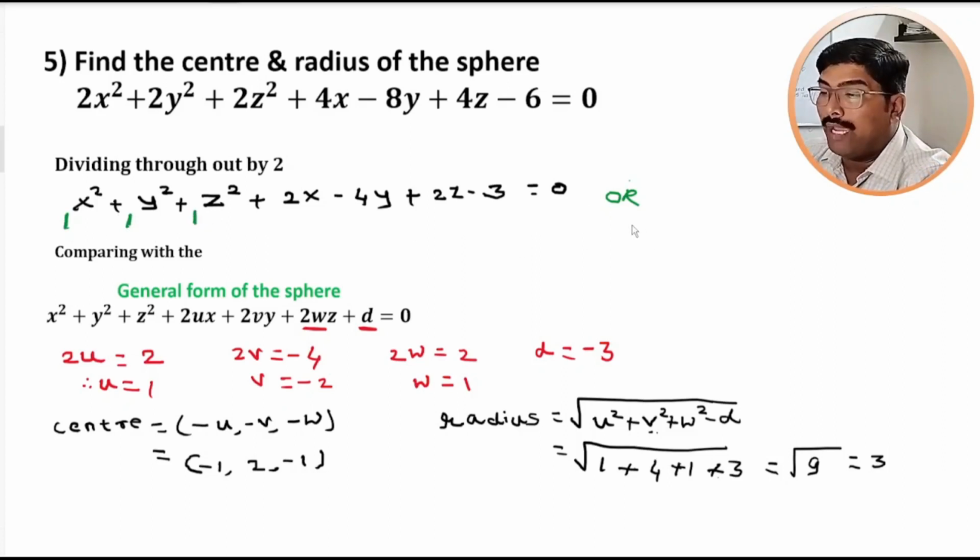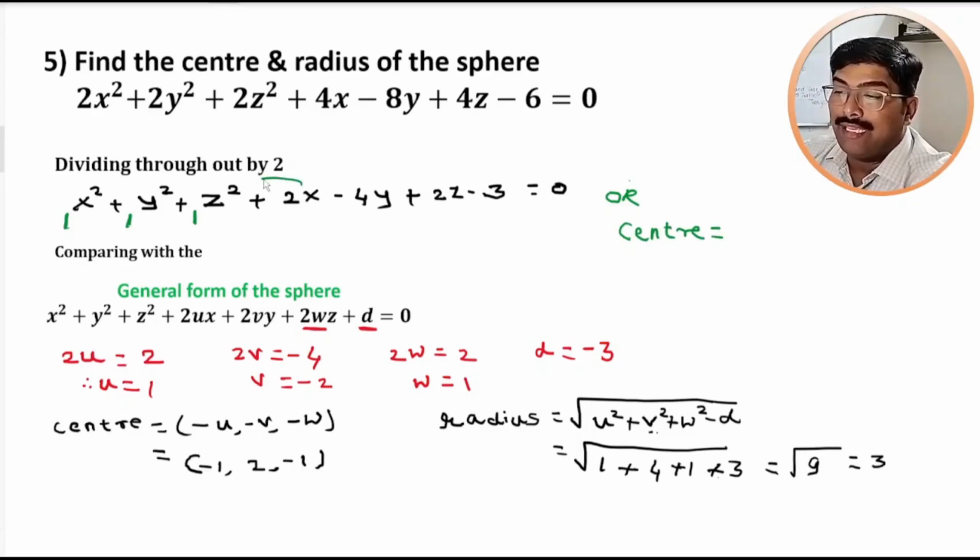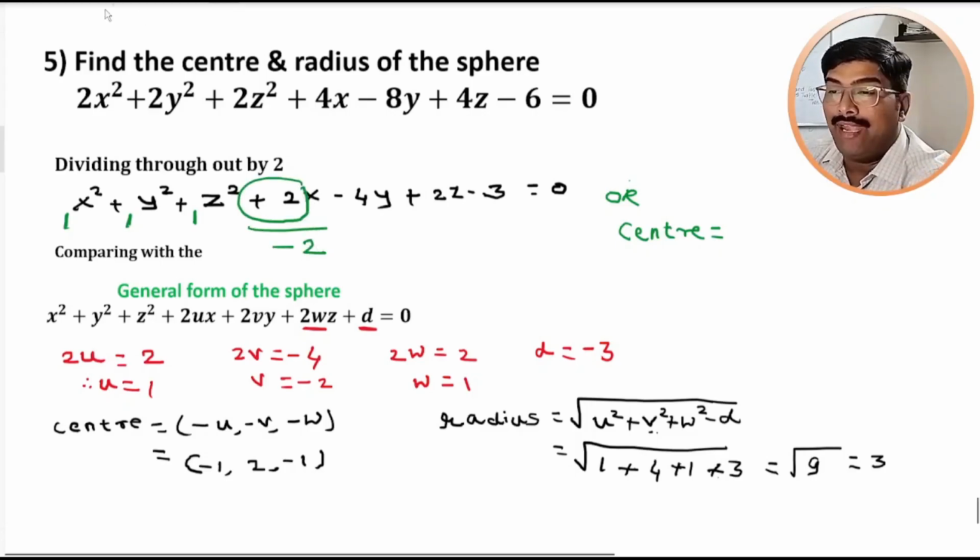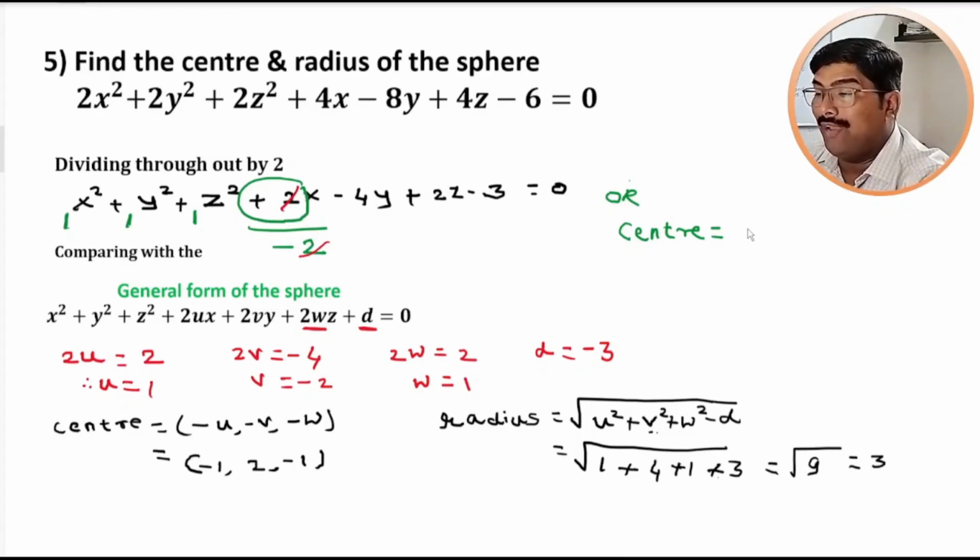So now we can find the center directly. So you can write directly, center is equal to. Here the coefficient of x is plus 2. You have to divide it by minus 2. If you divide it by minus 2, the 2s get cancelled, so you will get minus 1.